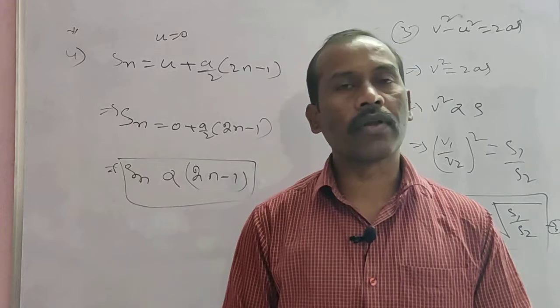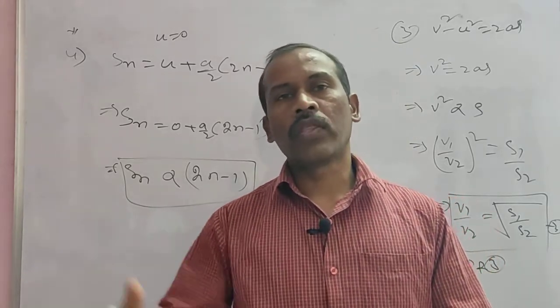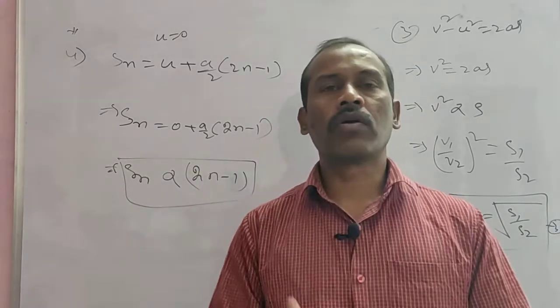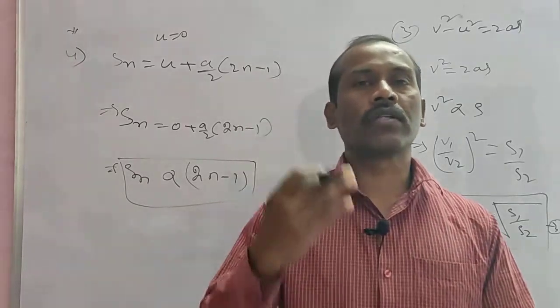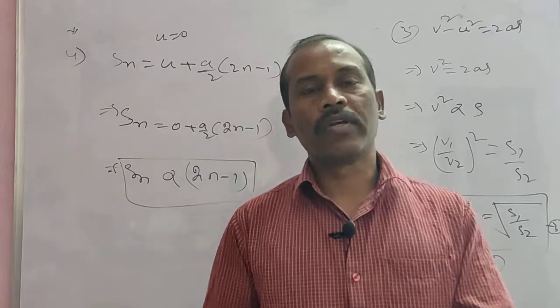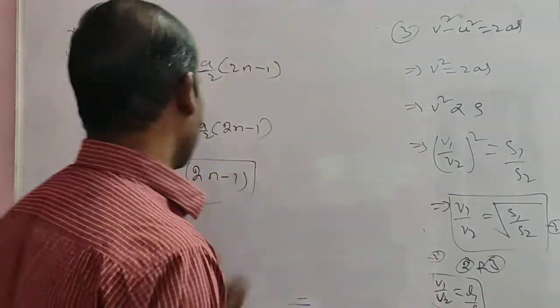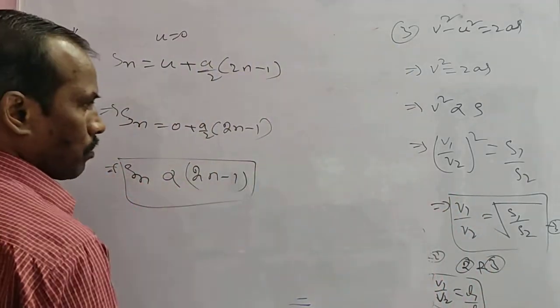That means if a particle moves with uniform velocity, its acceleration is 0. Then the above 4 kinematic equations. Note this one first of all, I will tell some problems.